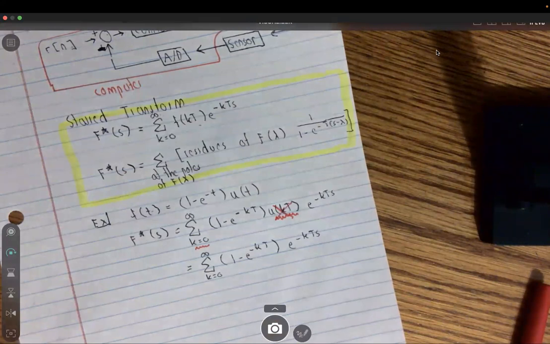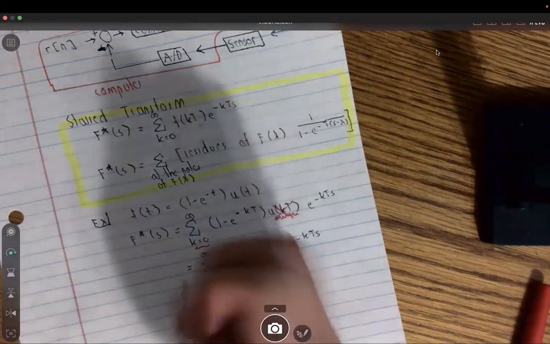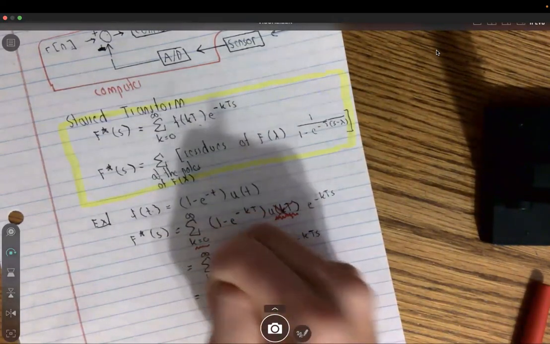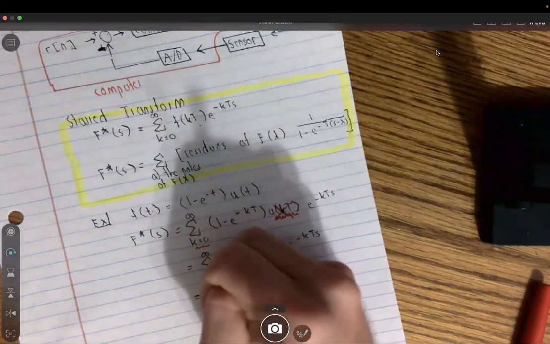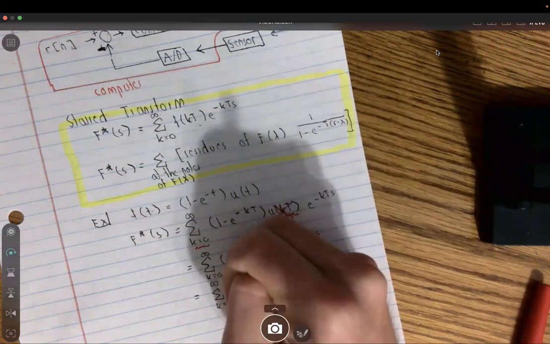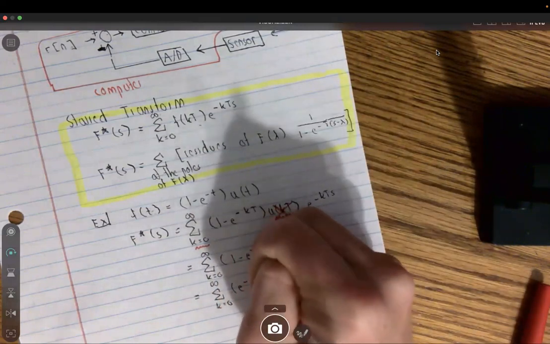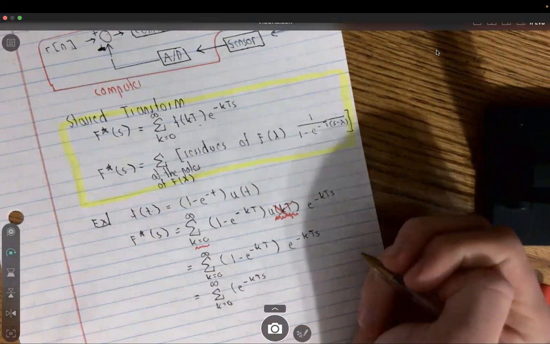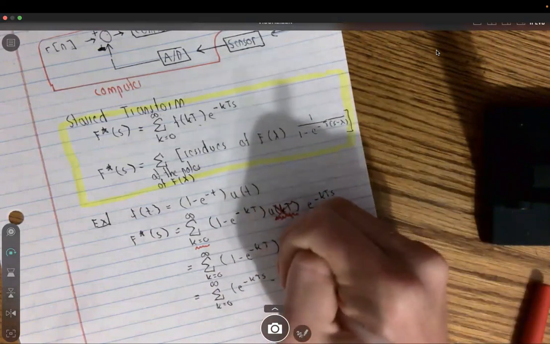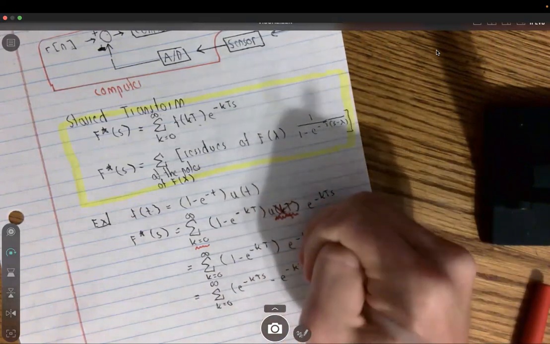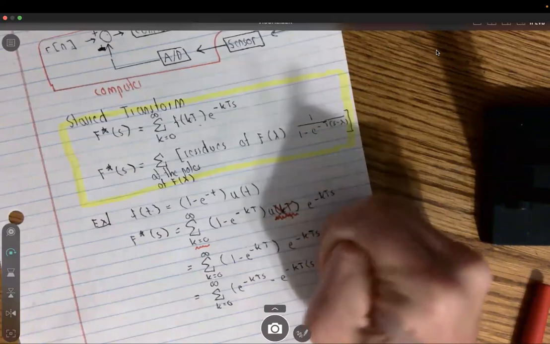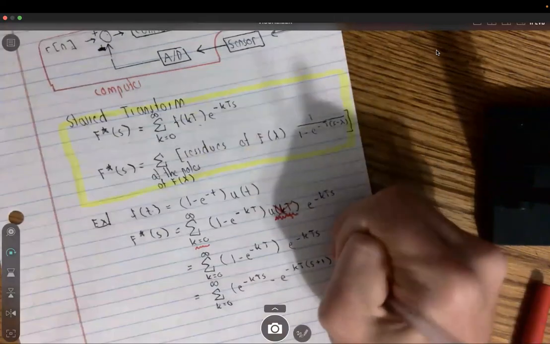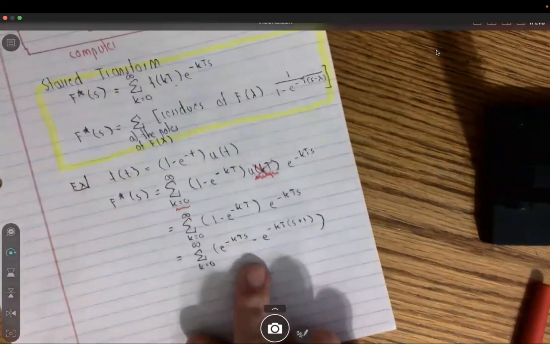Basically we can multiply this out. When you multiply this, you get e to the negative kTs, and then minus e to the negative kT times (s plus 1), okay? So that's what we have when we just distribute.